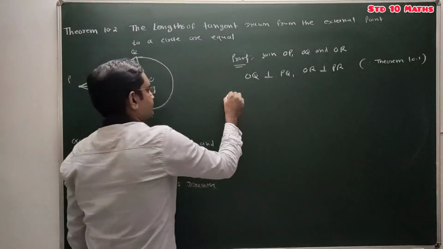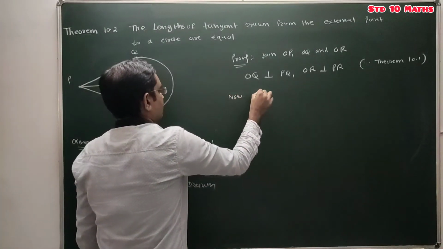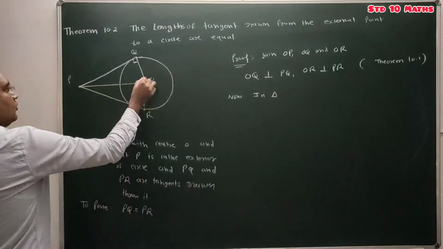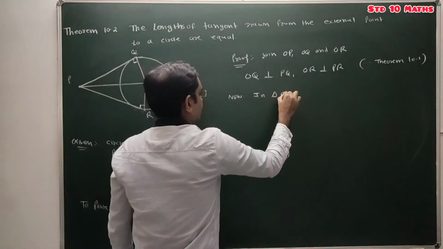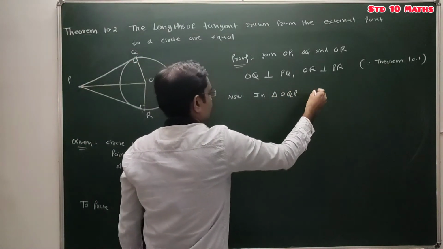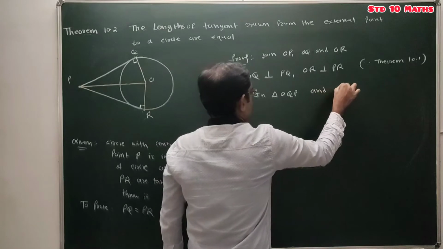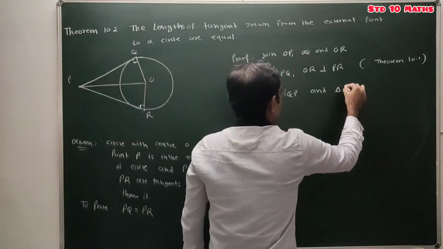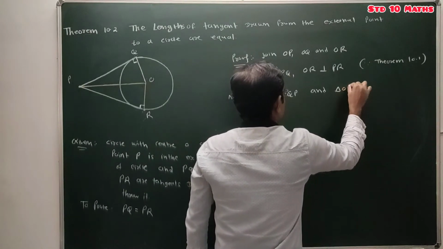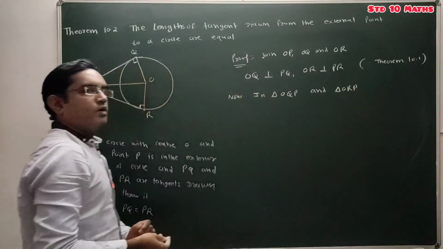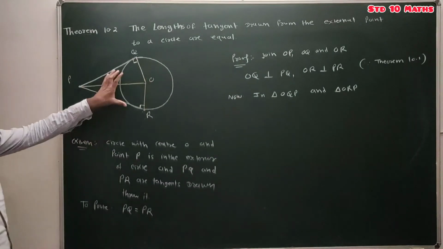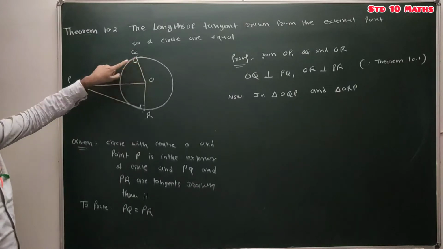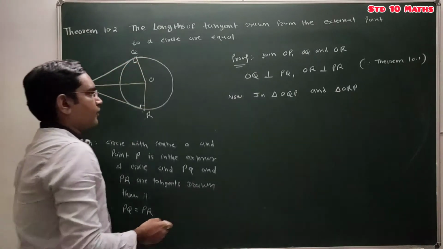Now we will consider two triangles. In triangle OQP and triangle ORP, consider the one-to-one correspondence between these two triangles. Here we can see that the right angles OQP and ORP are congruent.